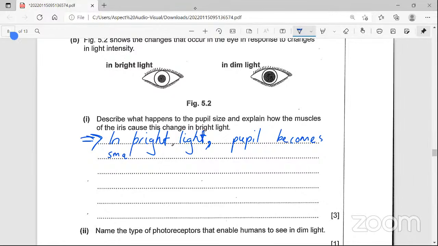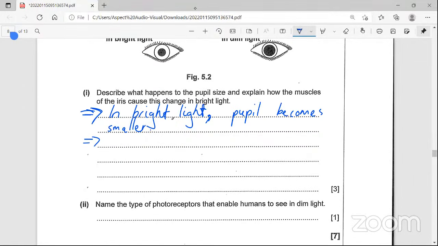And then we need to explain how this happens, right? The circular muscles of the iris contract, and the radial muscles relax. All together.